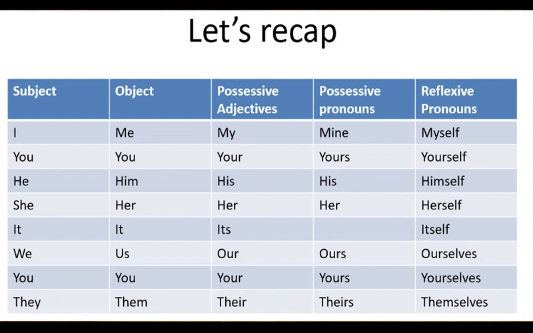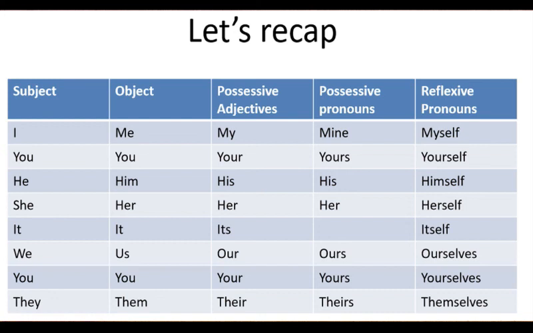The possessive adjectives are my, your, his, her, its, our, your, their. For possessive pronouns, we have mine, yours, his, hers, ours, yours, and theirs.